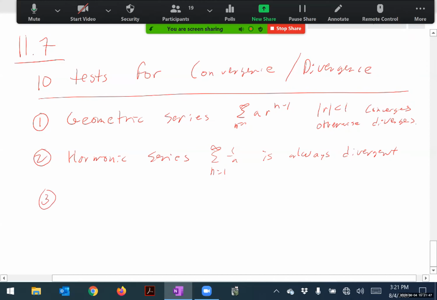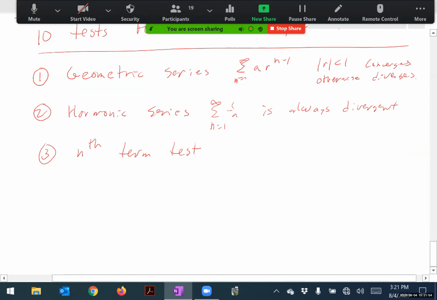Okay. Number 3, the nth term test. This is a test for divergence. Does the nth term go to 0? The limit as n goes to infinity of a sub n equals 0.